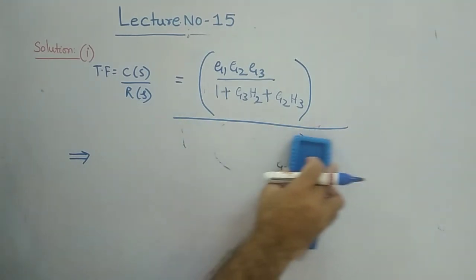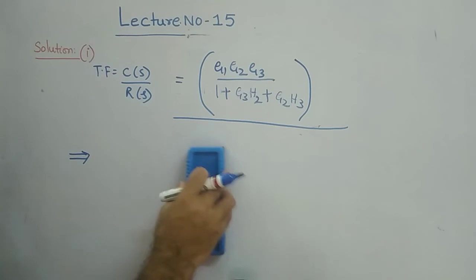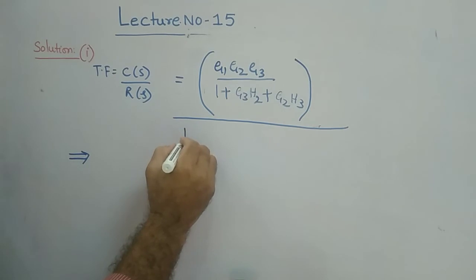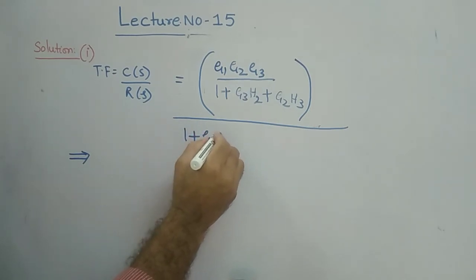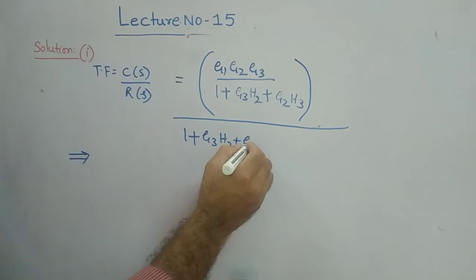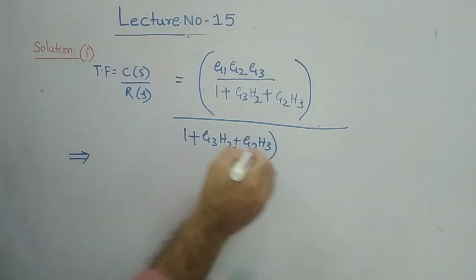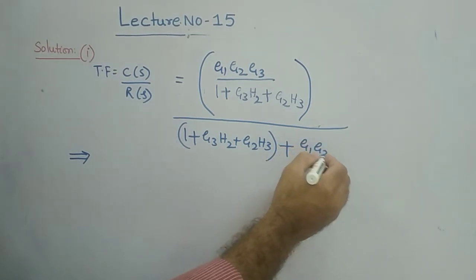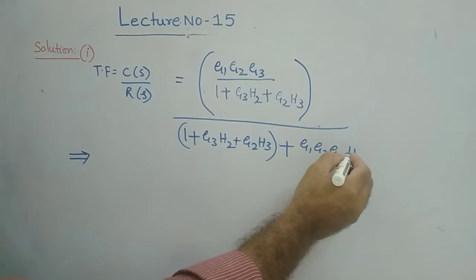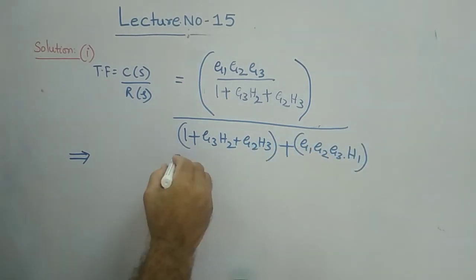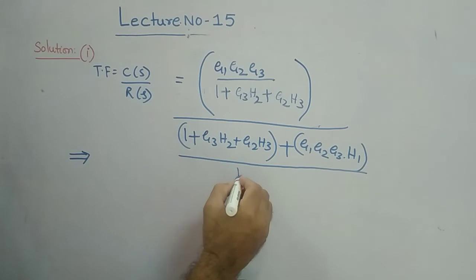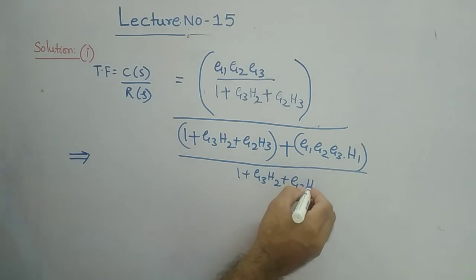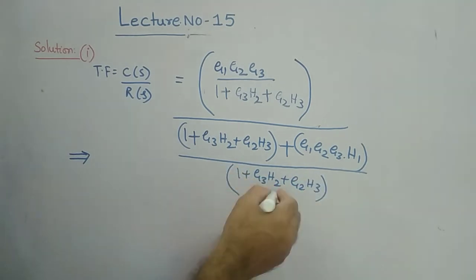I can simplify this as 1 plus G3H2 plus G2H3 plus G1, G2, G3, H1, no? By 1 plus G3H2 plus G2H3. Is it not? The same will come in the denominator.